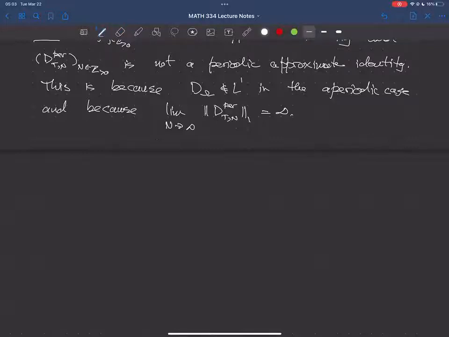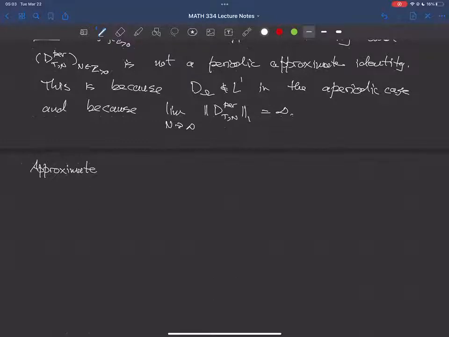Now we're going to extend the approximation to include regularization, and as I suggested last time, what we're going to see is that there's a very regular class of signals that are dense in almost everything. So approximation and regularization.